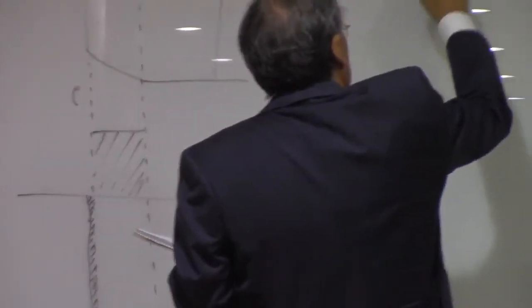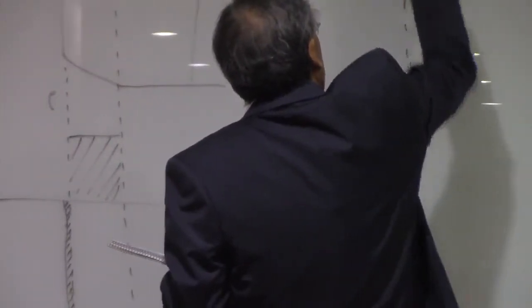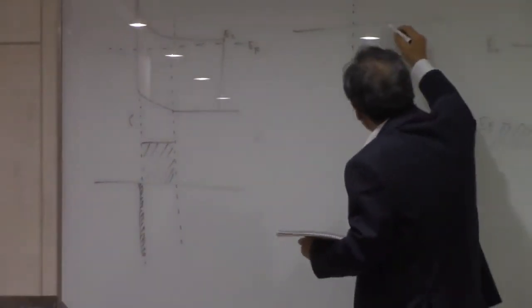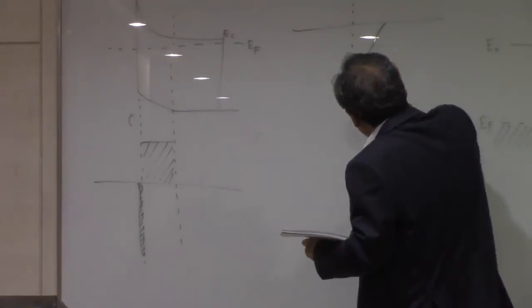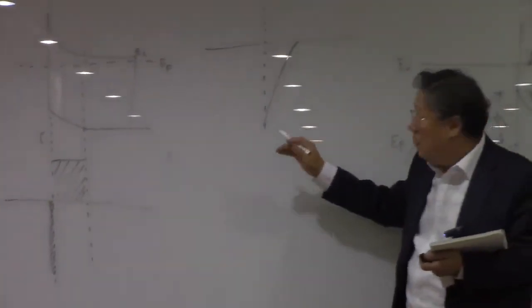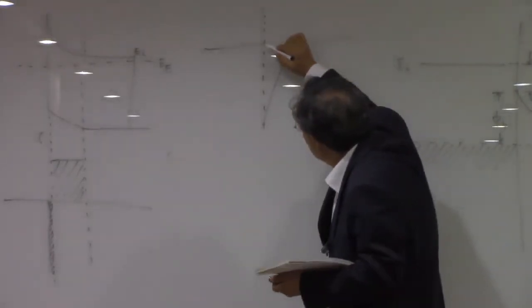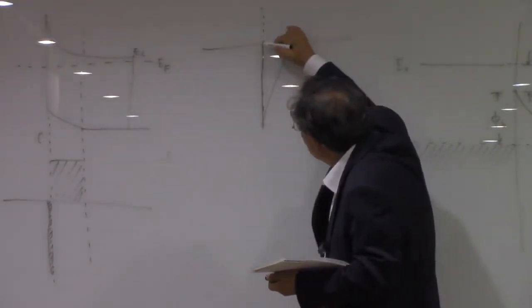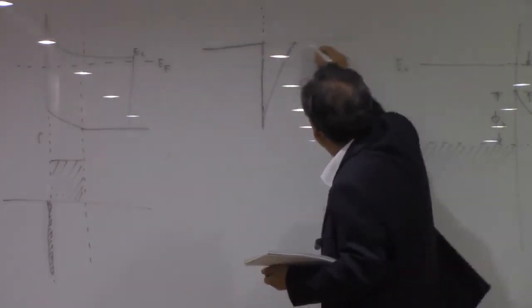Okay? And accordingly, you can draw the electric field in this case, and most of the electric field exists in the semiconductor, but none of it is going to be here in the metal.